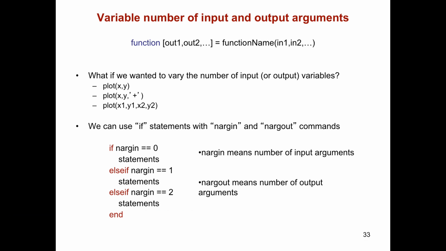So this is something that can come in handy for designing your code. Likewise, nargout is the number of output arguments that you have in the function. So you can manipulate it if you want to. This is just for your information if you want to become a better programmer.